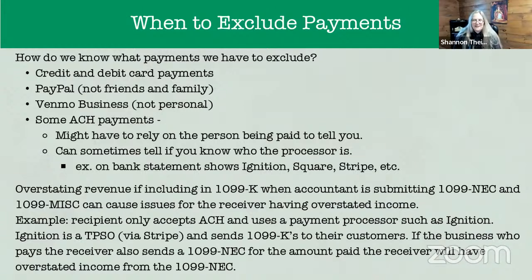But figuring all that stuff out is definitely going to be time consuming. So my recommendation is include ACH payments unless you're told by the vendor not to include them, or unless you know that somebody is being paid through Ignition.